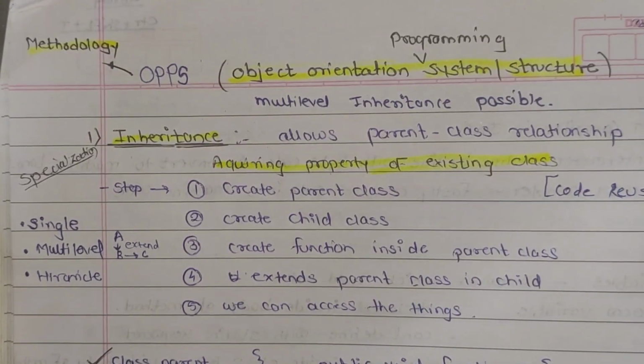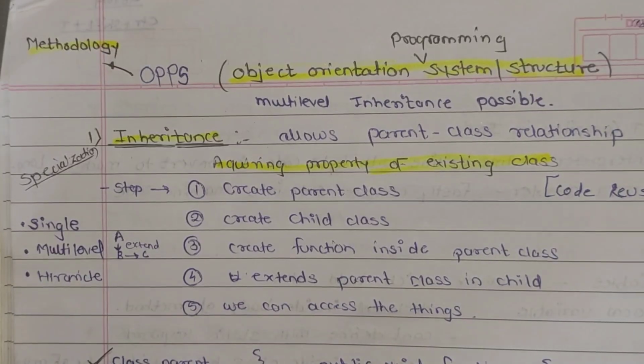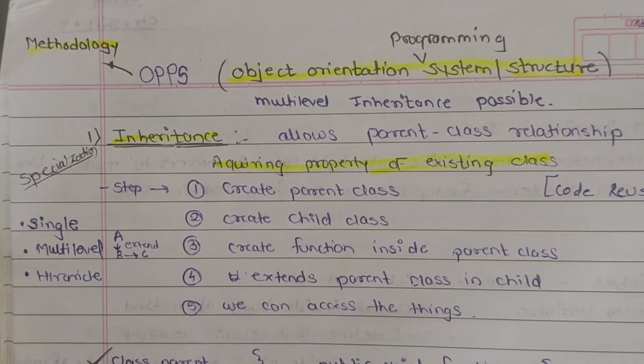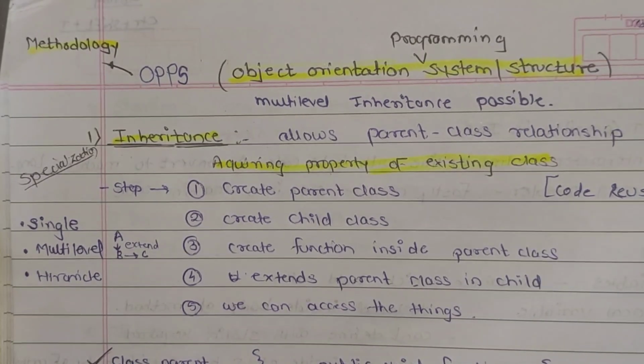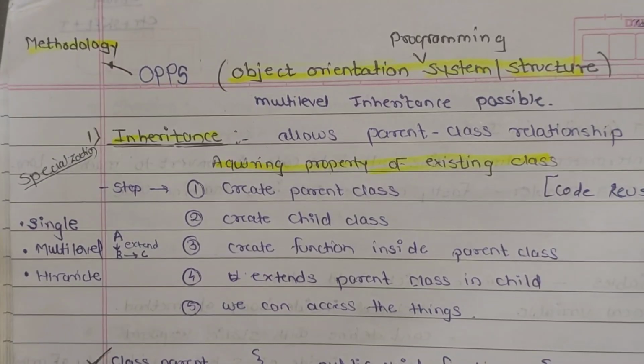So properties of the parent class will be acquired by the child class with the help of the extends keyword. When we extend our parent class into the child class, the properties of the parent class are taken into the child class in a simpler way.